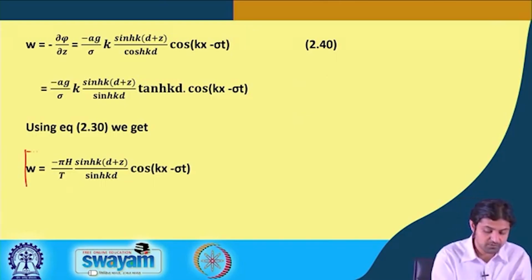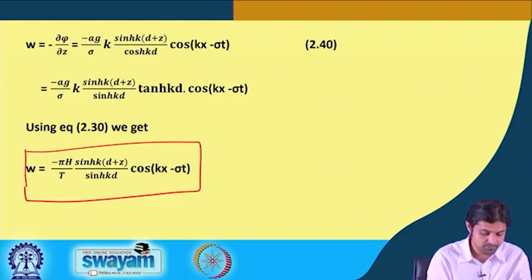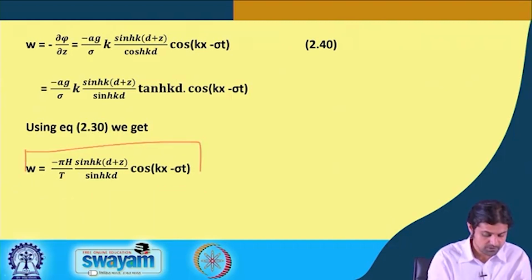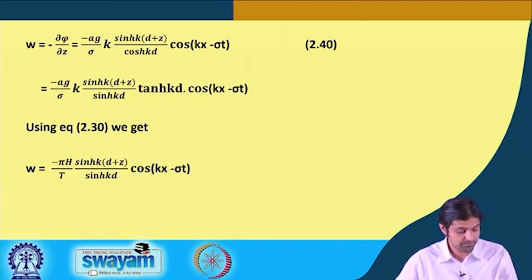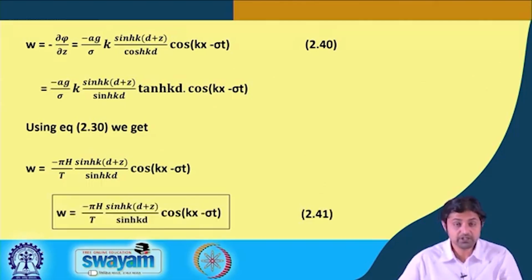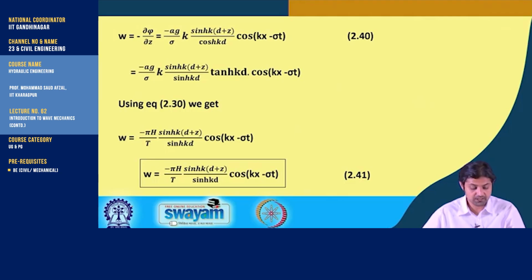Again, you don't have to remember this, but if you do, it's no harm, because more importantly it is the velocity potential that you must remember. So, w can be written as minus pi h by T sin h k (d plus z) divided by sin h k d into cos (k x minus sigma t).